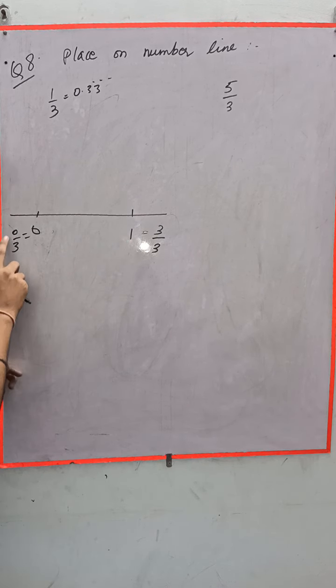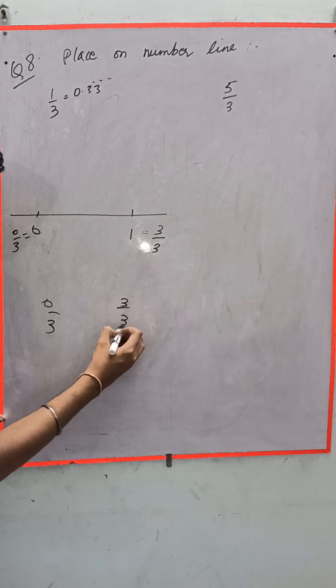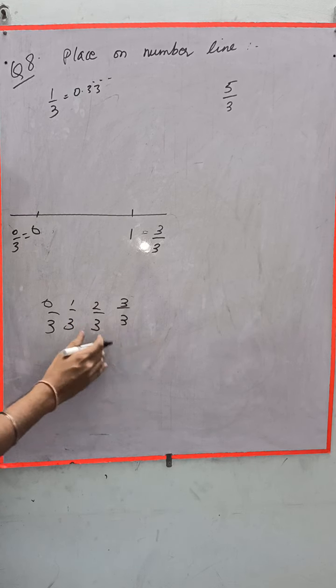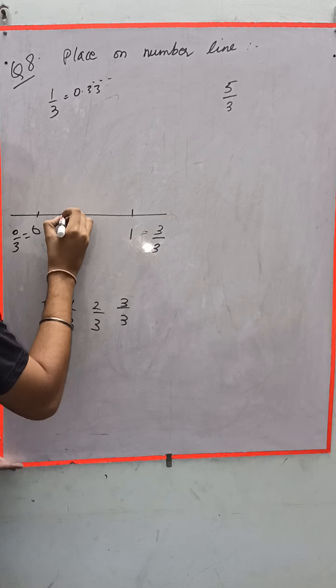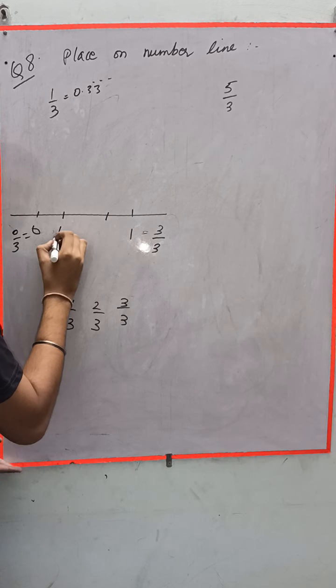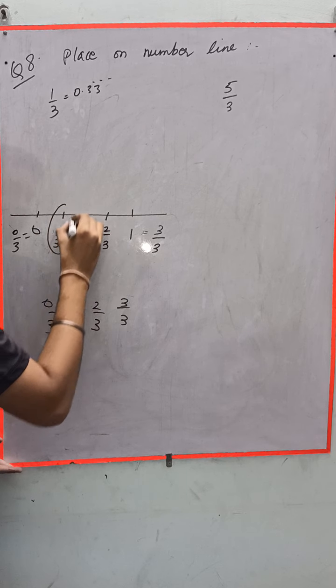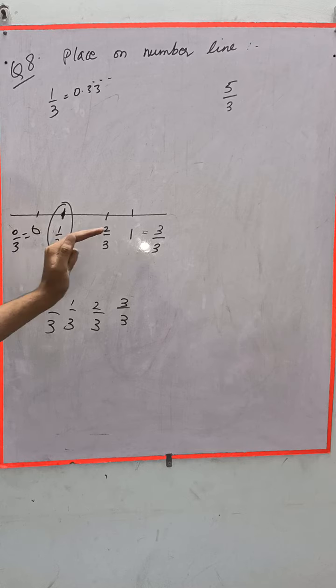So that is how we understand 0/3 and 3/3. Now between 0/3 and 3/3 there lie 1/3, 2/3, then 3/3, like that. So between 0 and 1 you have to make these two lines, this line will be 1/3, this line will be 2/3, and as we want this, we have expressed 1/3 on the number line. Only this much you have to do.